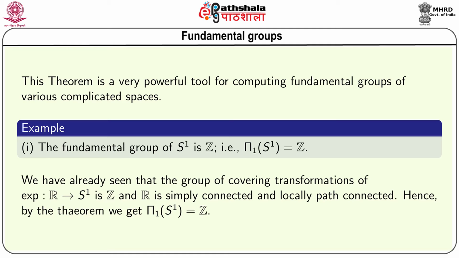Previously, we have seen that the group of covering transformations of the exponential map from R to S1 is the group Z of integers. Now, the covering space R is simply connected as it is contractible, and it is locally path connected. Hence, by the theorem we get that pi 1 of S1 is equal to Z.